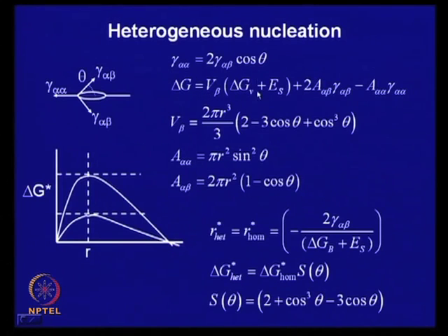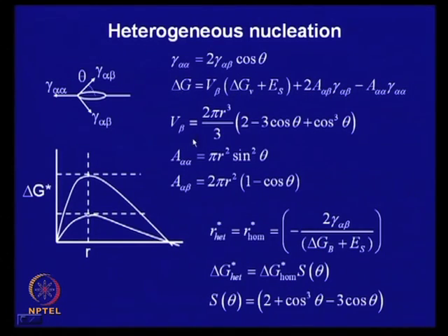You have to consider this is the free energy, the driving force for the process of precipitation, this is the strain energy, this is the increase in surface area, that is twice A alpha beta, times gamma alpha beta, the increase in surface energy, and this is the surface which is lost. So, gamma alpha alpha times A alpha alpha is lost, and this is the energy which is lost. So, in this way you can write the full expression.